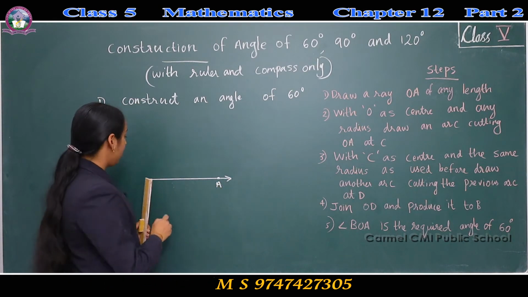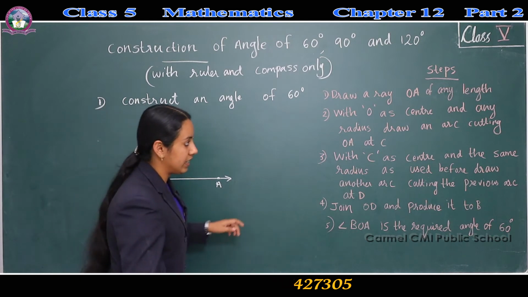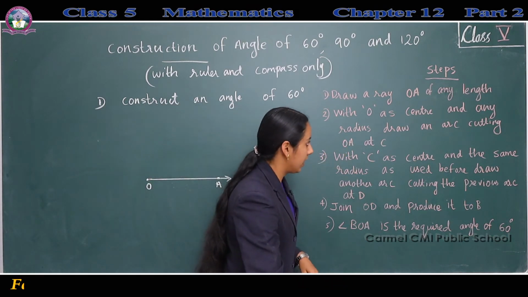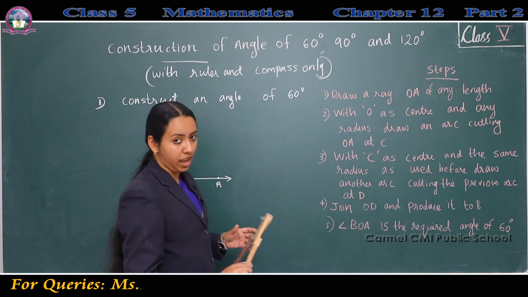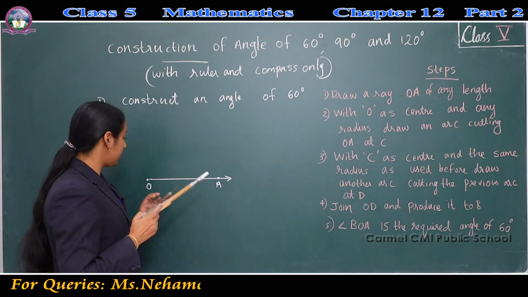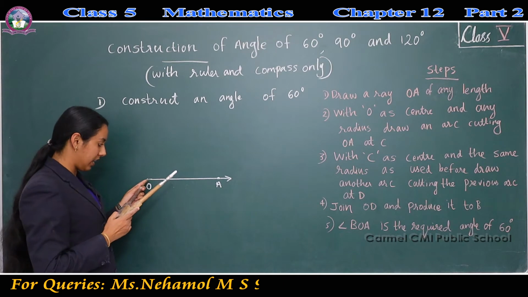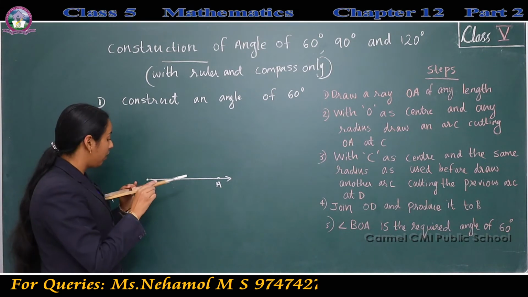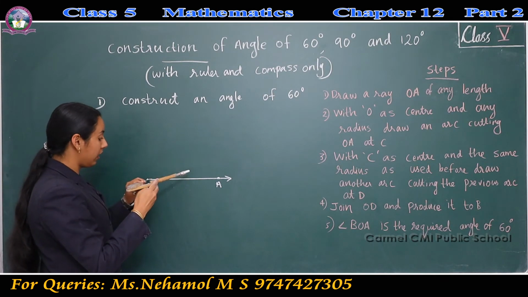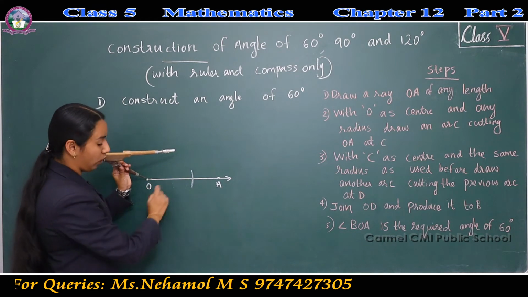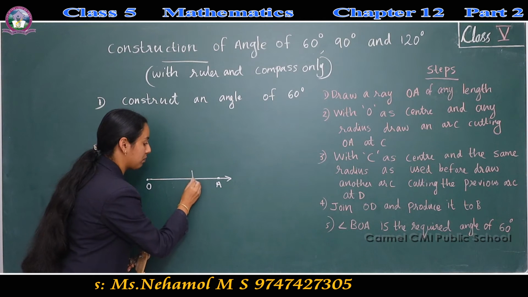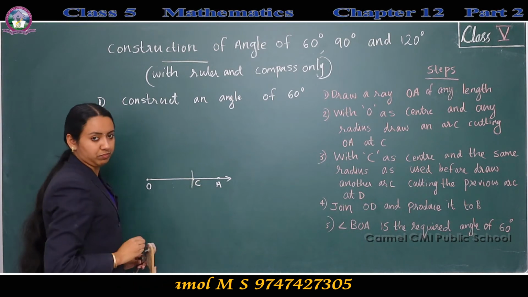Then with O as center and any radius, draw an arc cutting OA at C. That means with O as center, we can take any radius, draw an arc cutting OA. Then mark this point as C.